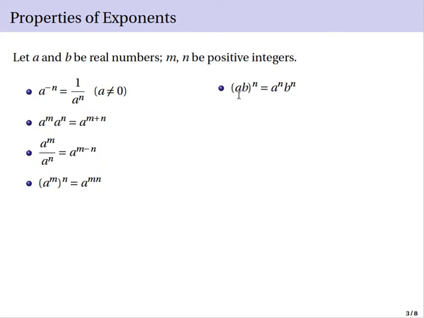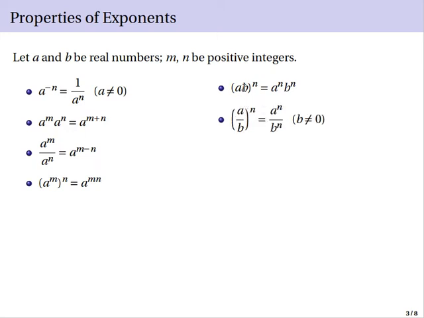So there's a product ab, and then you raise the product to the power n. This is the same as multiplying a to the power n times b to the power n. So again, we can distribute the exponent into the products of numbers.